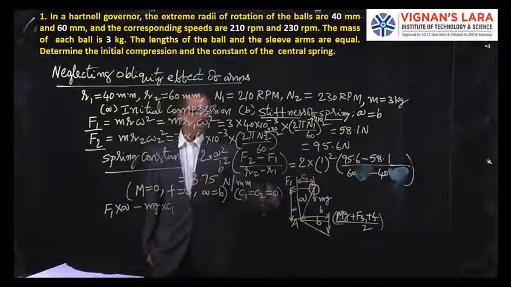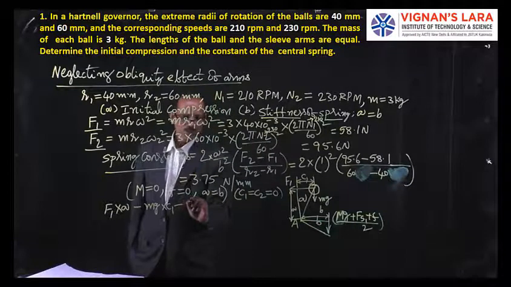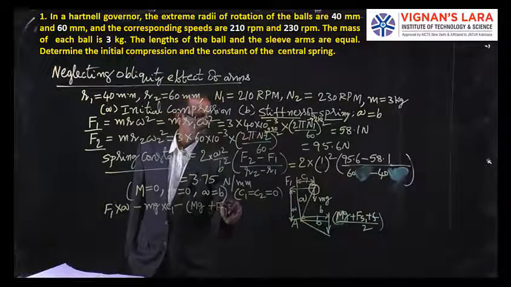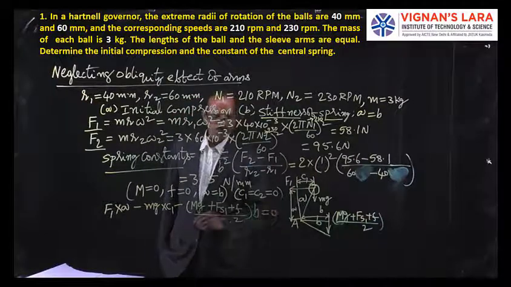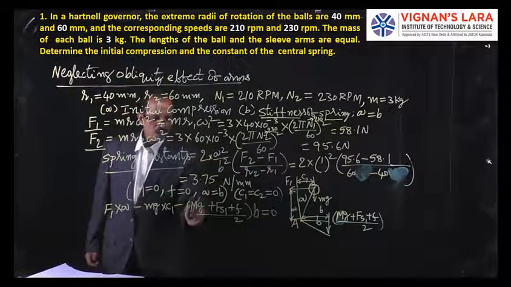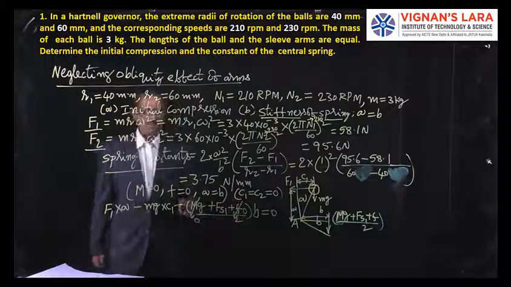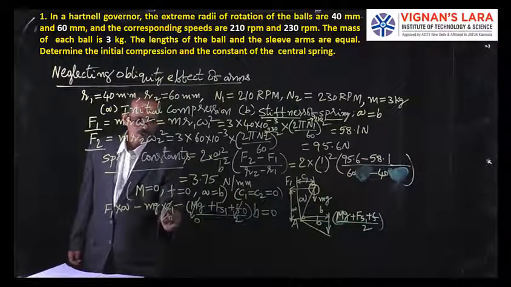Okay, and what about this? This is also a clockwise moment. Mg plus Fs1 plus F by 2 into B is equal to 0. So here my M is 0, my F is 0. Similarly C1, I am not considering the obliquity, so this is also 0.